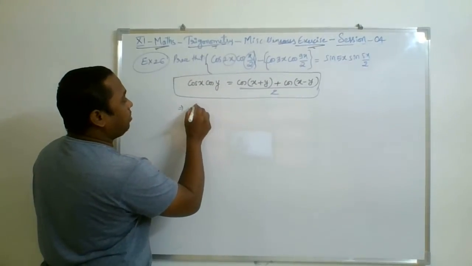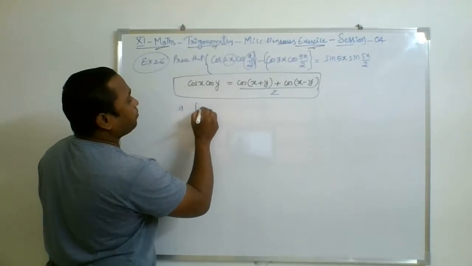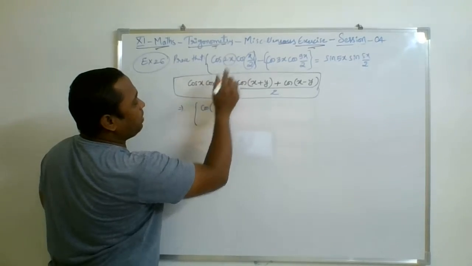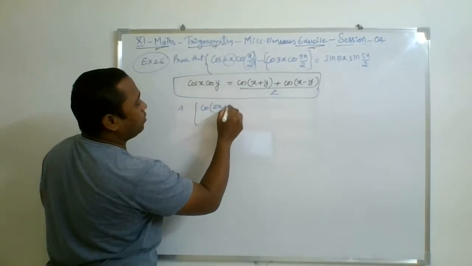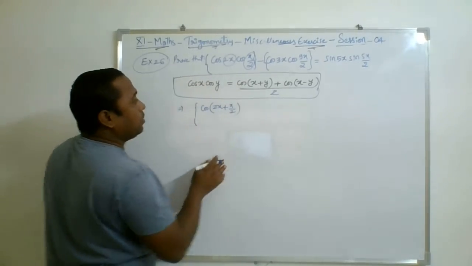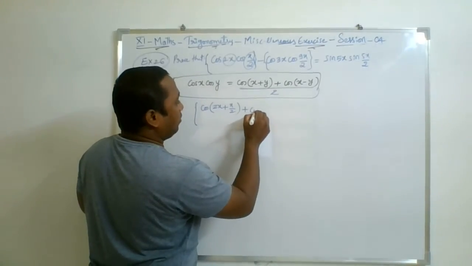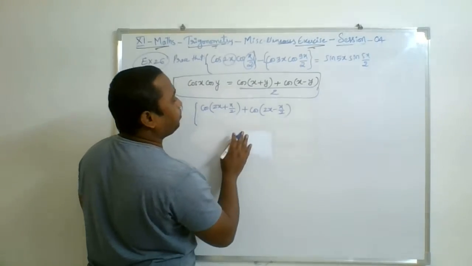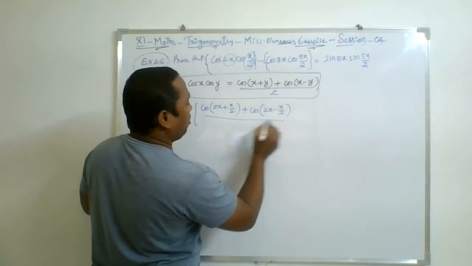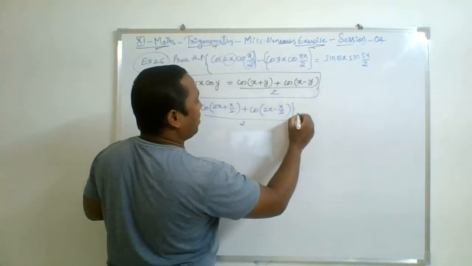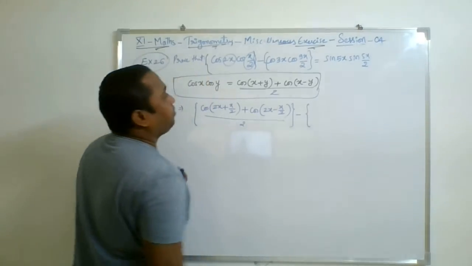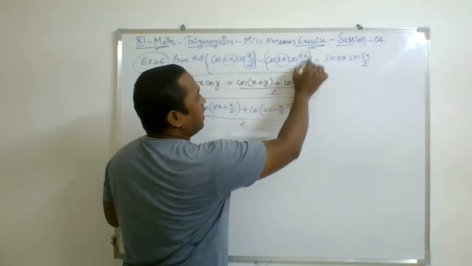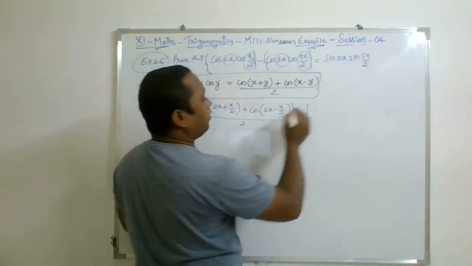The first part becomes cos of the addition of these two, 2x plus x by 2, plus cos of 2x minus x by 2, upon 2. First part is done. Second, again the same way, treat this as x and this as y and apply this formula.